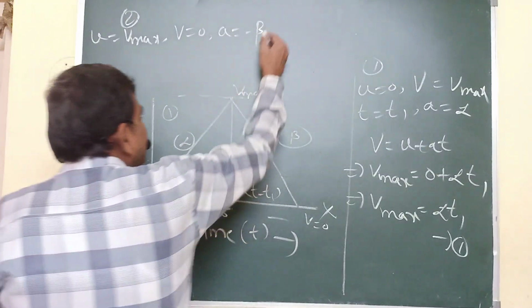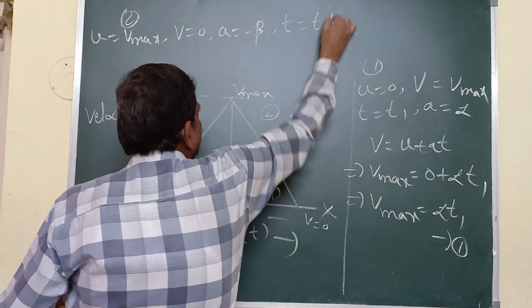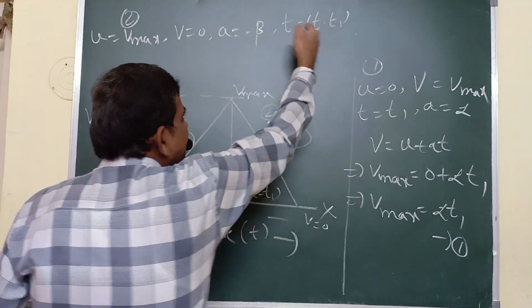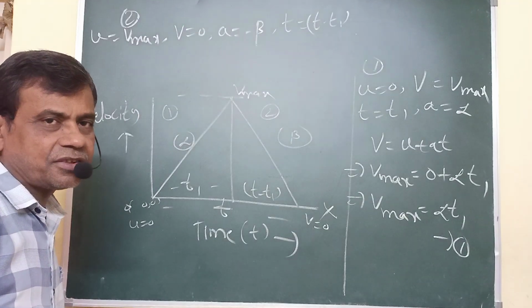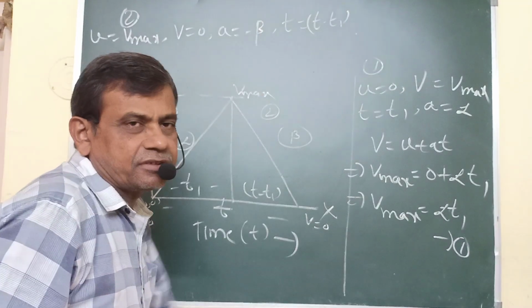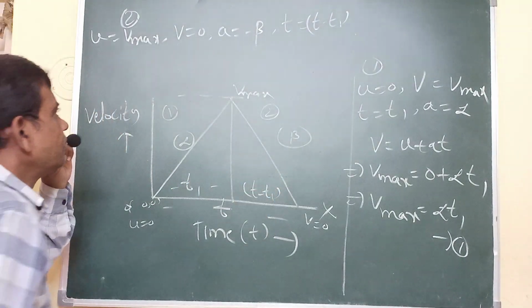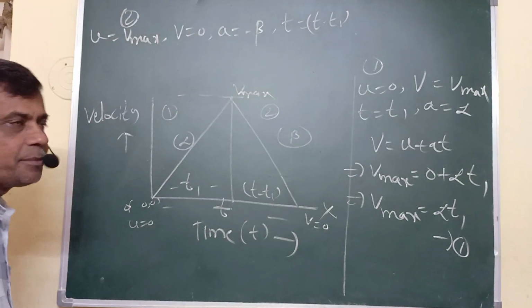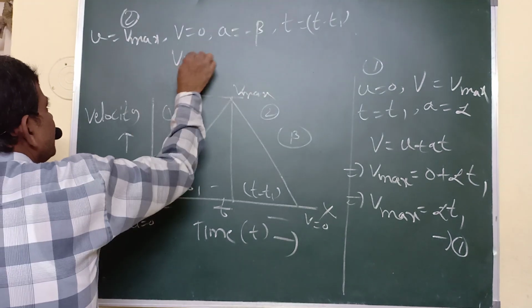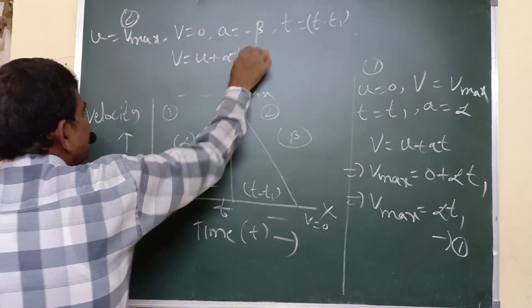Now how much time is taken here? Time equals t minus t1 seconds. Don't compare t and t1 like t cancels; time is represented with t only. In this case t1, in this case t minus t1. Again go to the first kinematic equation, v equals u plus at.